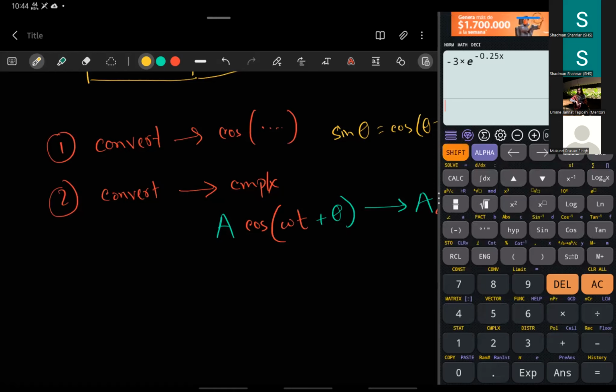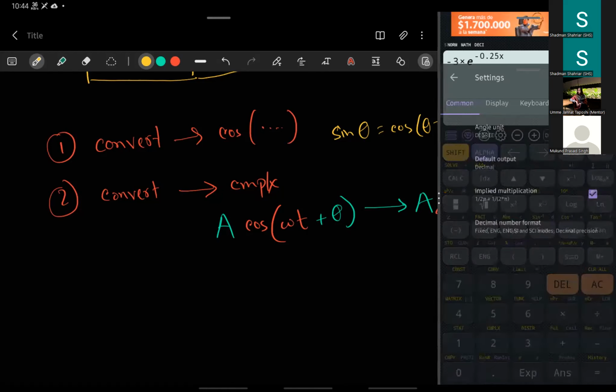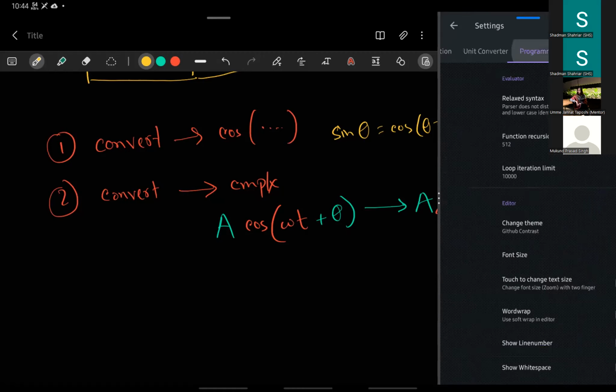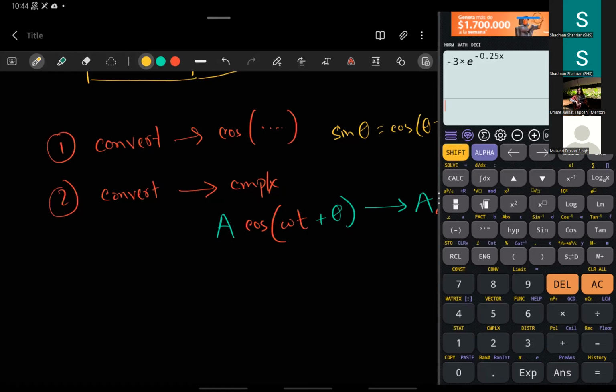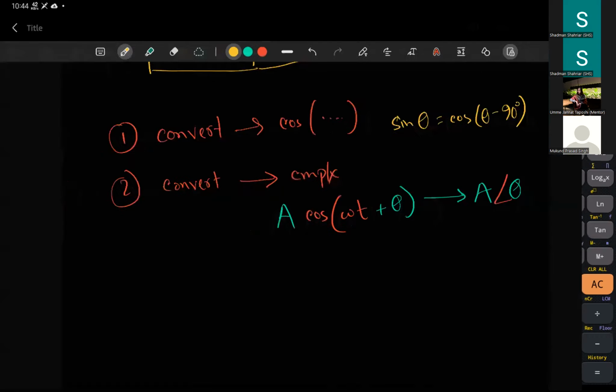This is not like your Casio calculator, so I don't think this is worth exploring. Whatever, you should have this type of scenario where you have a cosine function. For example, you have 4 cos 10t.